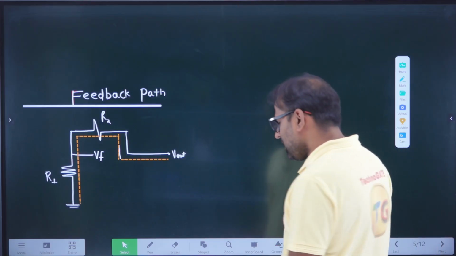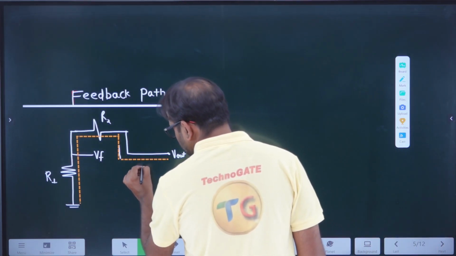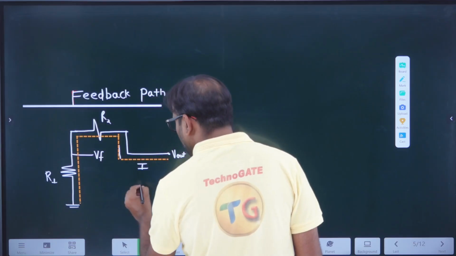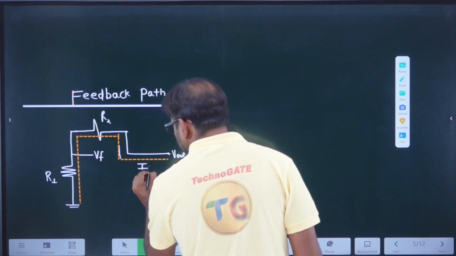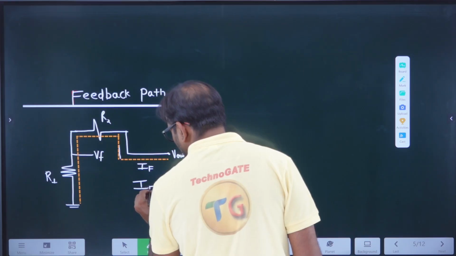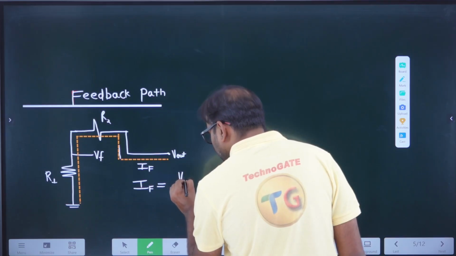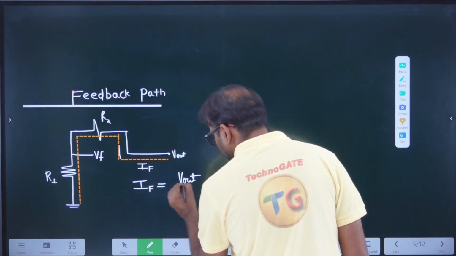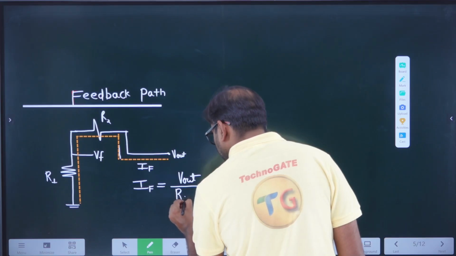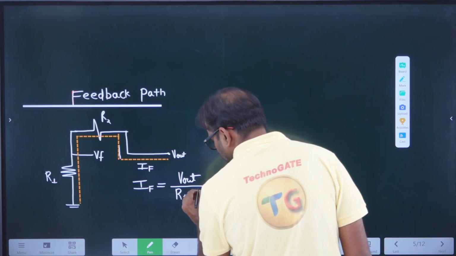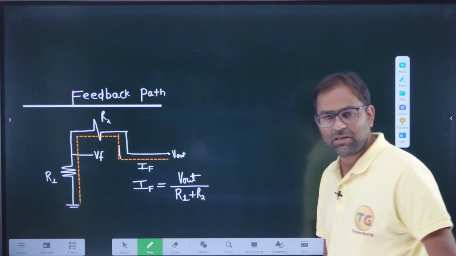So what will be the current? The net current which is starting from the source to ground, let me call this current as a feedback current. And what is the value of feedback current? The feedback current is V out divided by R1 plus R2.